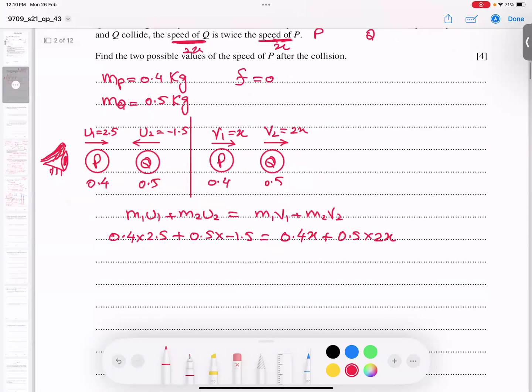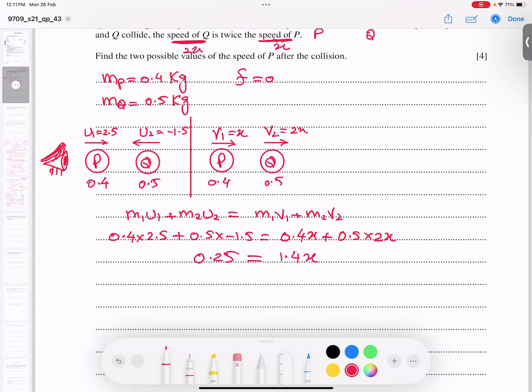Let me check the left-hand side in the calculator. Left-hand side, I'm getting 0.25. Right-hand side, I'm getting 1.4x.